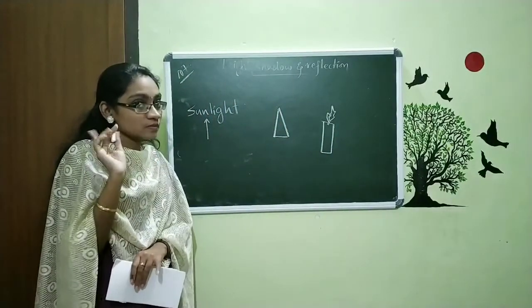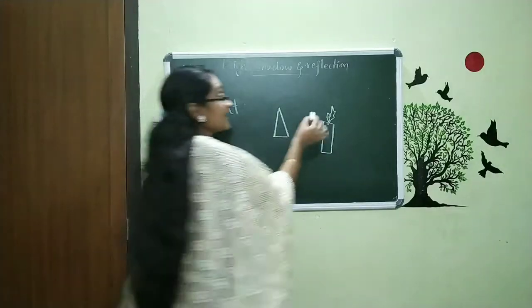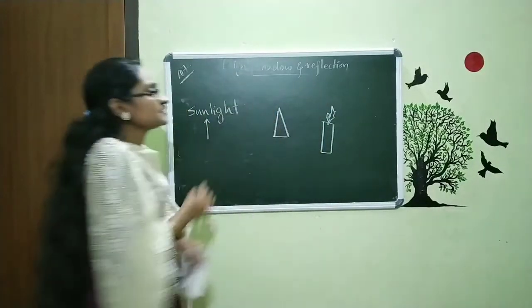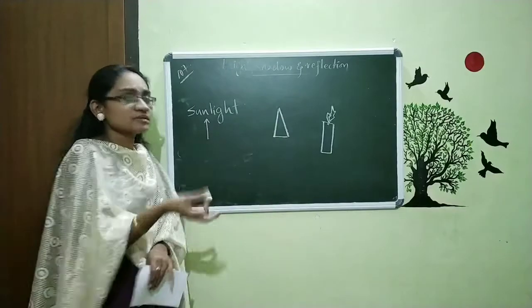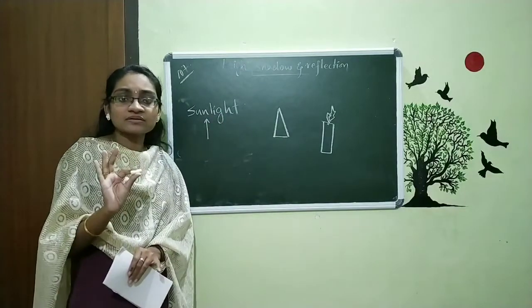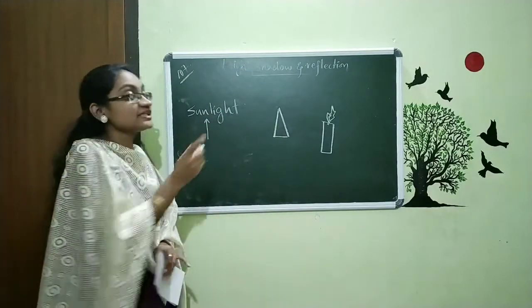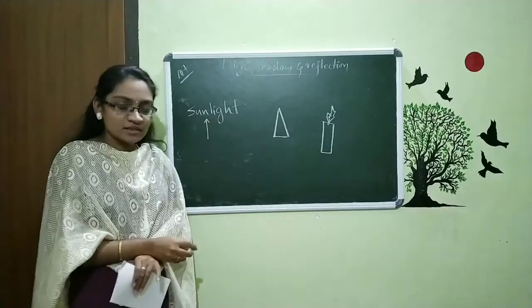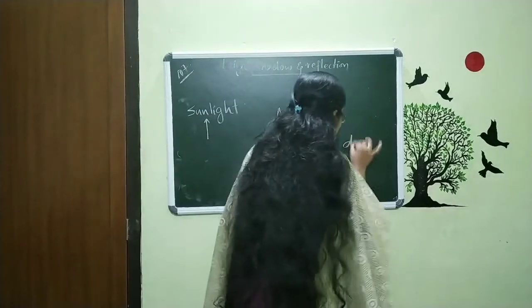Now, here is no light. And when I light this candle, is it possible to see this blackboard, this triangle, this chalk? Yes, you can see this if we are lighting the candle in darkness.